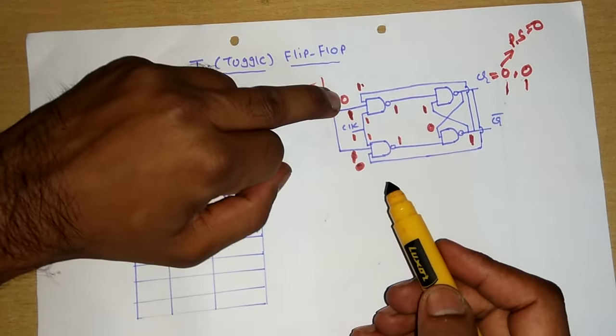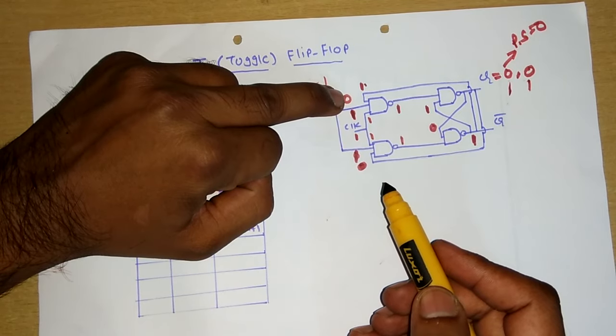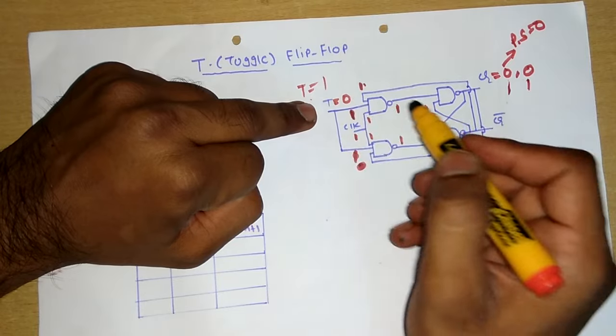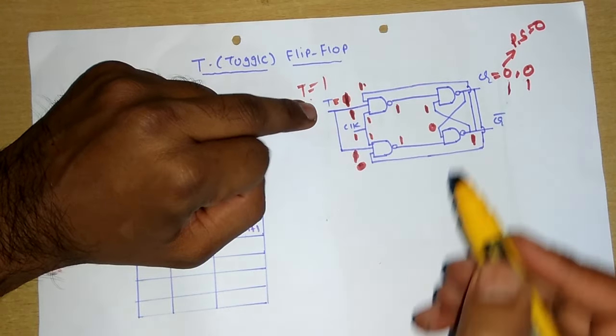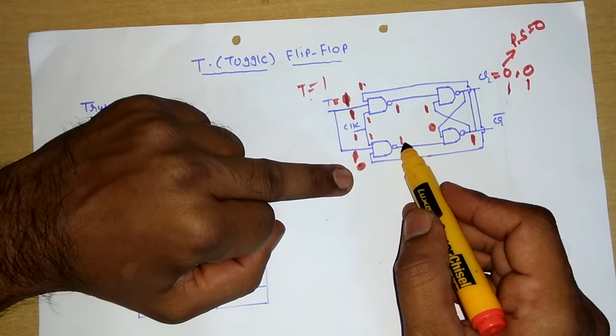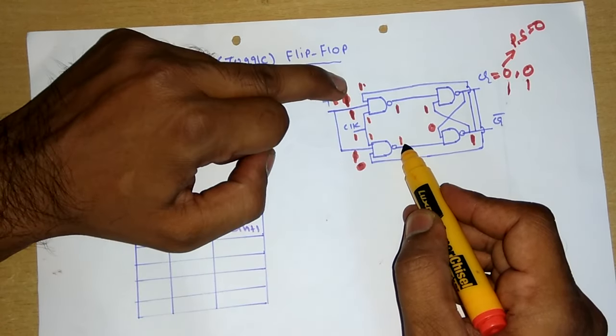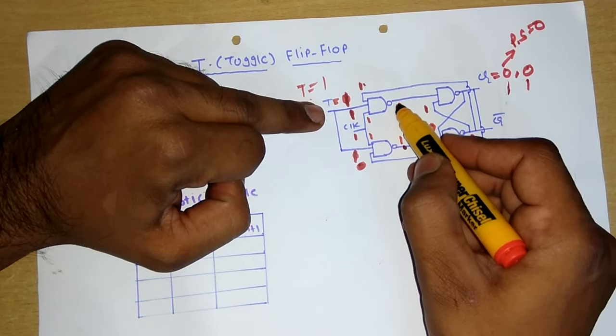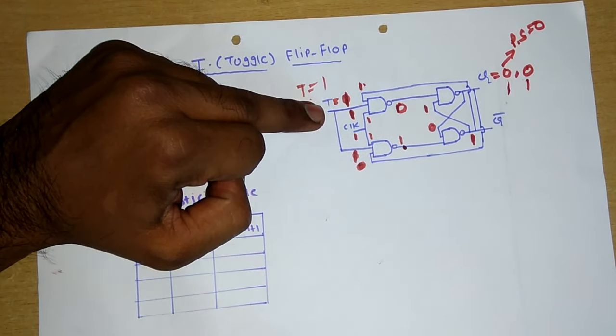Now here there is one input which is 0. T we have assumed is 1, so this becomes 1. Here one input is 0, so output becomes 1. Here all these three inputs are at high logic, so output becomes 0 here.